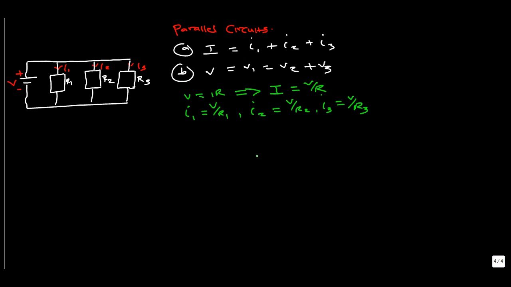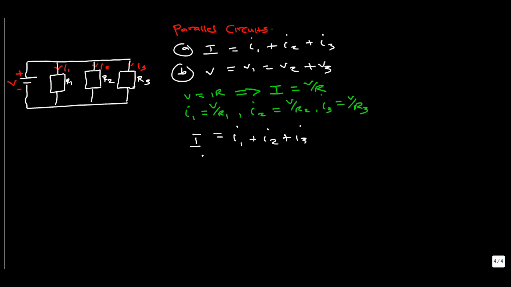We're trying to work out an expression for the total resistance in a parallel circuit. I1 plus I2 plus I3 is equal to your total current.